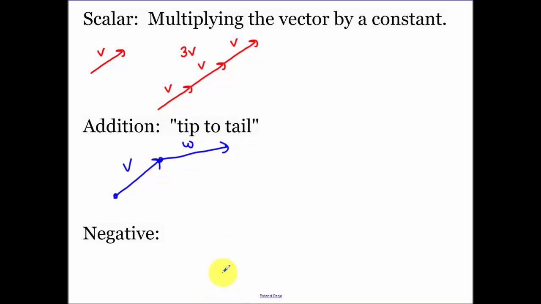And what's your resulting vector? Your resulting vector is the final leg of your trip, v plus w. Okay, so that's your resulting vector. Negative vector: vector w, negative w is the same length, just you switch directions.